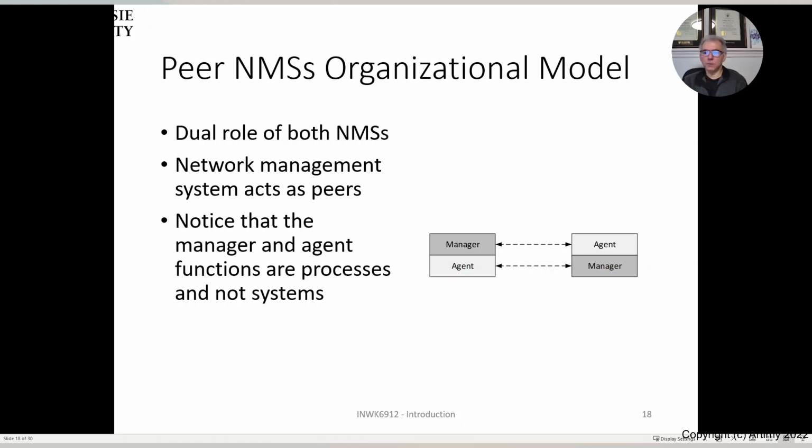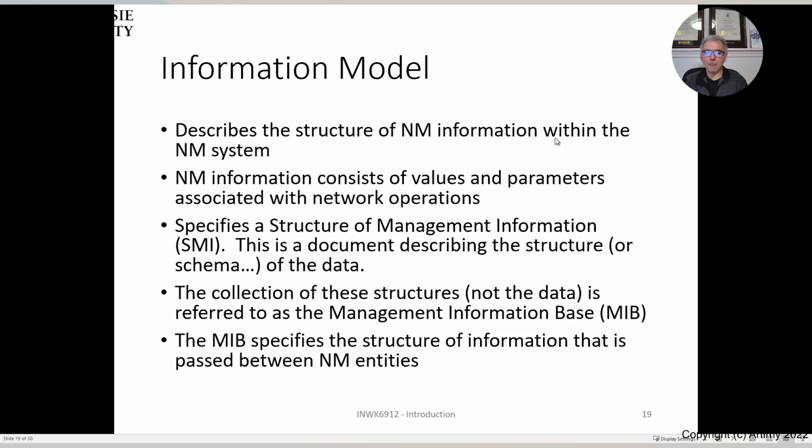And to make sure that the two of them have a full view of the network all the time, we may connect them so that each one gathers information and shares it with the other and vice versa, right? And if one fails, the other one has all the information and continues on, right? So that's the organizational model.